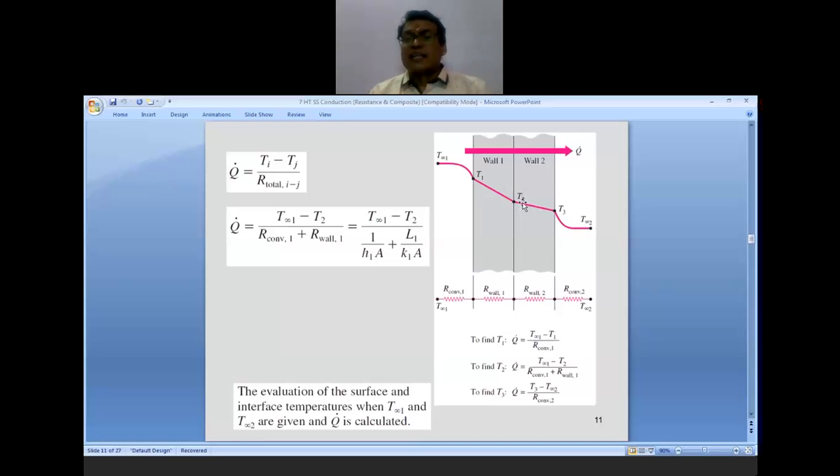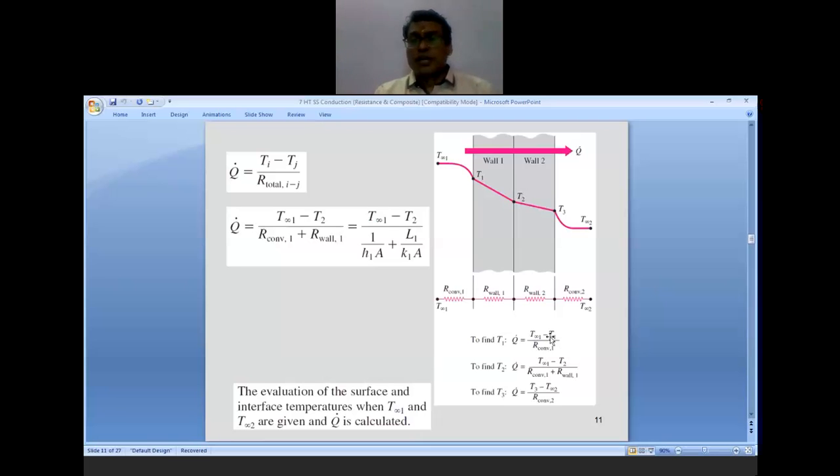So which data is available with me? Based on that, I am able to calculate the temperatures, to find the temperature T1, T2, and T3. Depending on the end temperatures and the resistances, and depending on the amount of heat transfer Q, if I know this Q, I can calculate the individual temperatures.